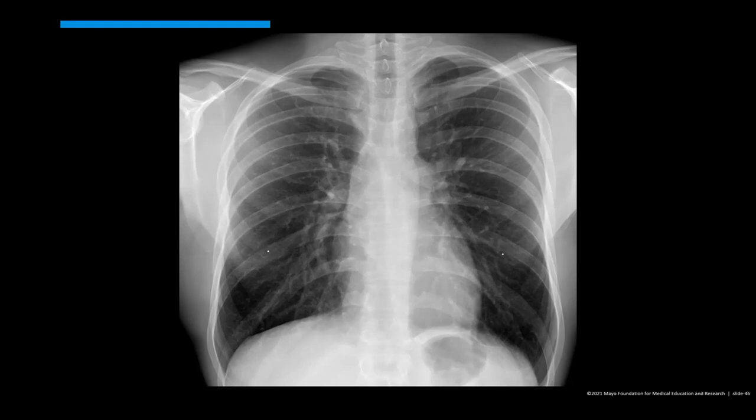So when you're looking at this chest x-ray, everything looks normal: normal heart size, the mediastinum is normal, normal vasculature, the lungs are clear, no pleural effusion, pneumothorax, or pneumonia. But it would be highly unusual to get a normal study on a board exam. So you're like, okay, what am I missing?